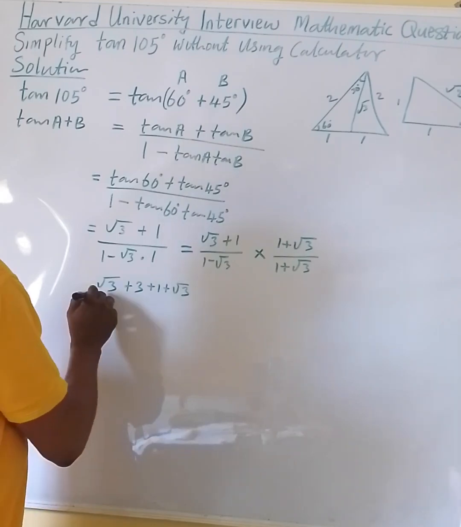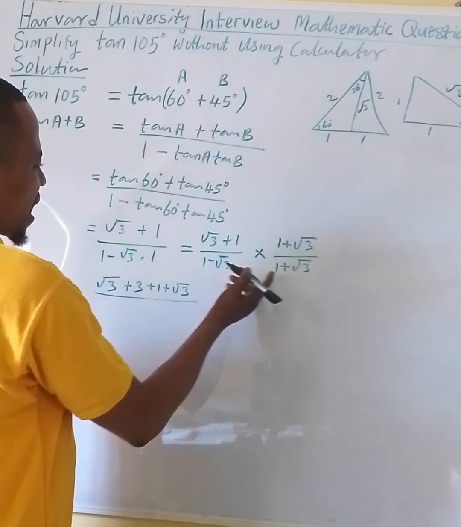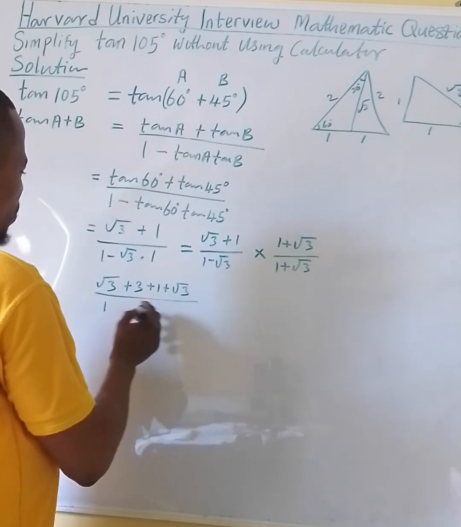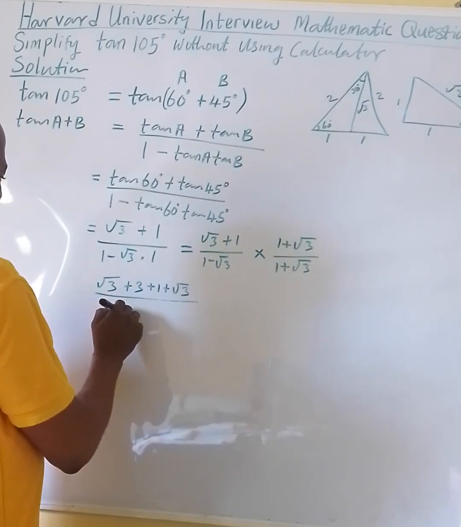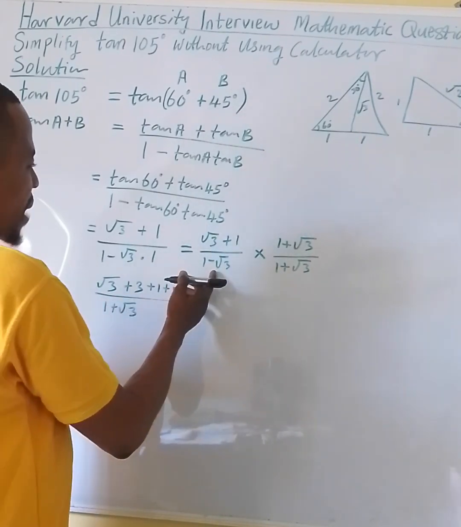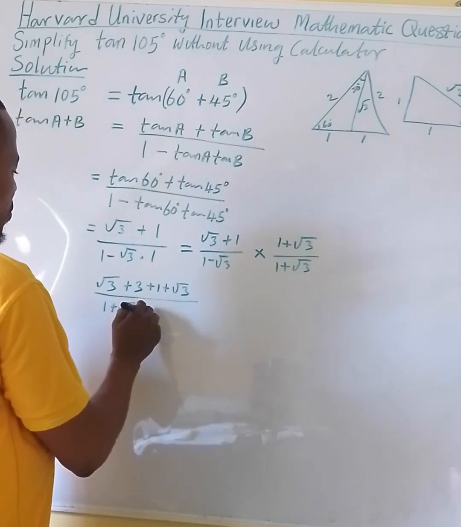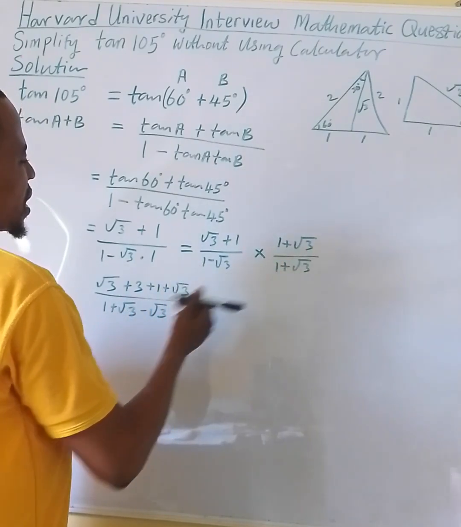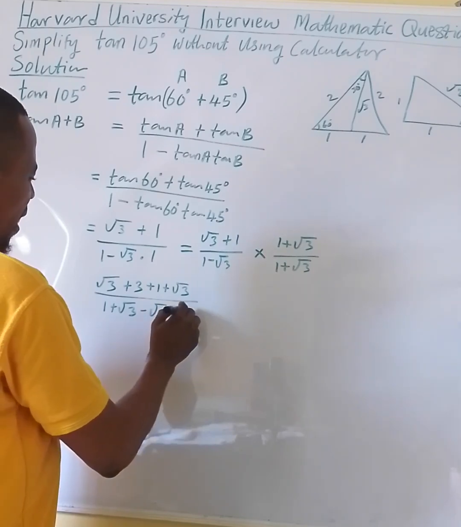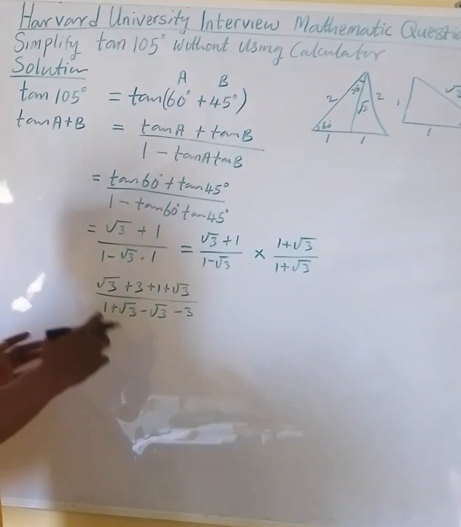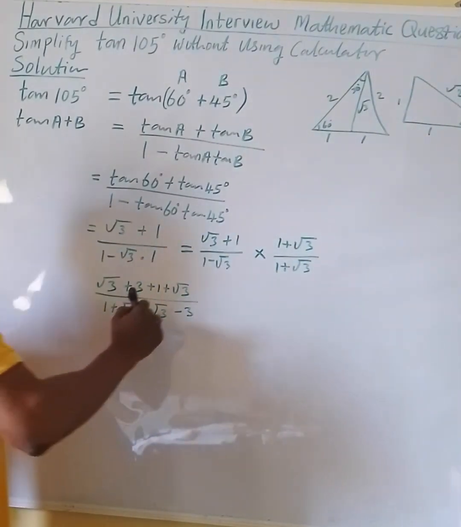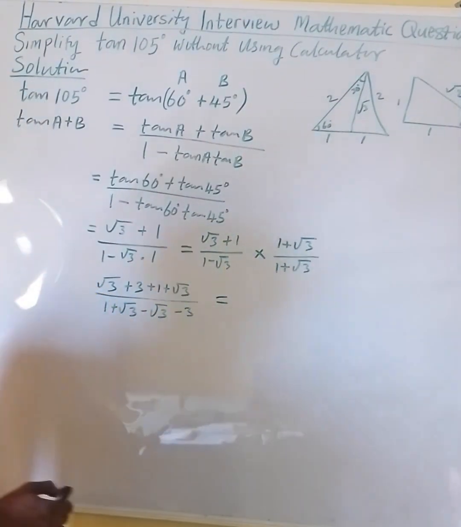Are we together now? So everything over 1 times 1 will give us 1. 1 times root 3 will give us plus root 3. Then minus root 3 times 1 will give us minus root 3. Minus root 3 times plus root 3 will give us minus 3, because root 3 times root 3 will give us 3.